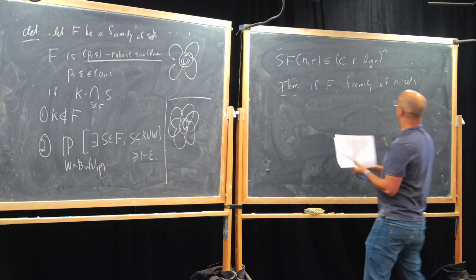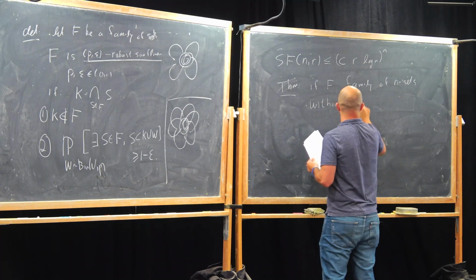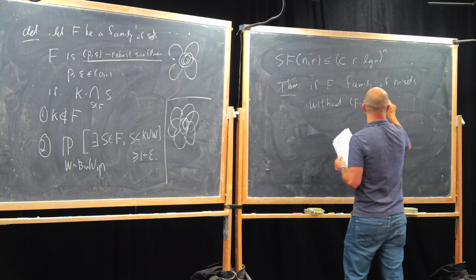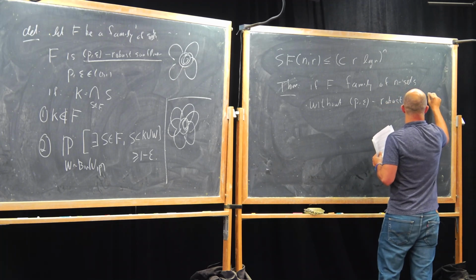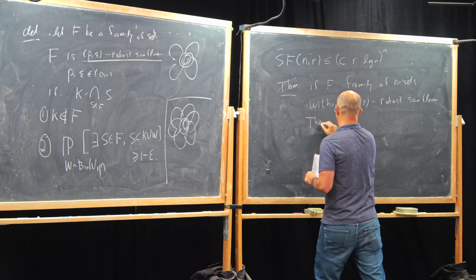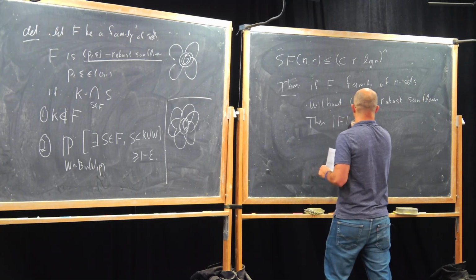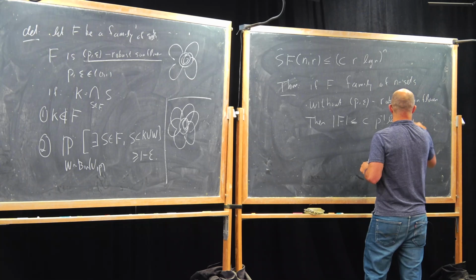Sorry, let it be a family of n sets without a p, epsilon, you're right, thank you, a robust sunflower. Then I'll comment on this as F has size at most constant p inverse log n over epsilon to the n.